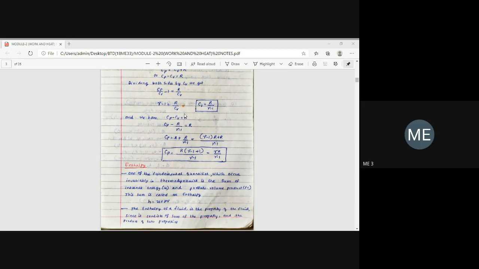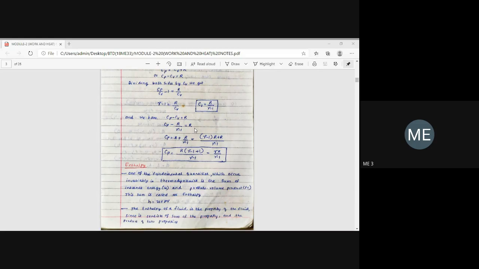Cp we put as it is, and Cv we found as R divided by gamma minus 1, equals R. The right hand side doesn't change. Just substitute the value of Cv we obtained. So Cp minus R divided by gamma minus 1 equals R. Remember, R is called the general gas constant.